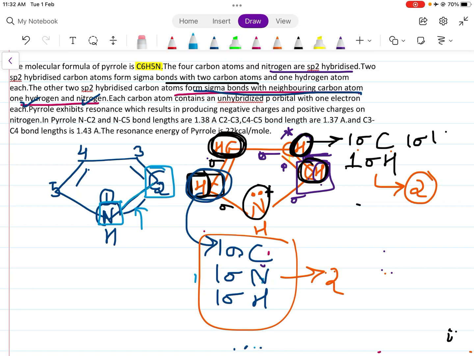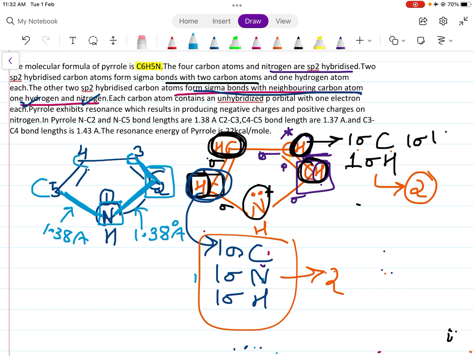This bond length will be 1.38 angstrom. With carbon atom C5 and N, the bond length will again be 1.38. C2 with C3, so this is carbon C3.